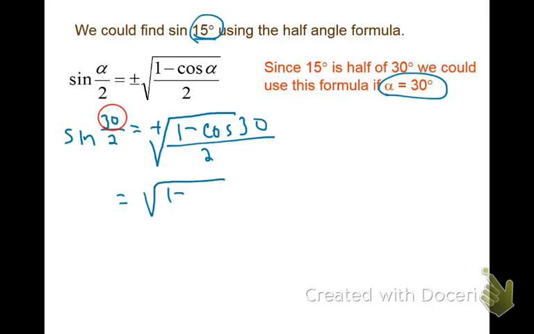What is cosine of 30 degrees? Square root of 3 over 2. And then over my 2. And see, I'm going to have to make my little radical longer, so I can include that too.